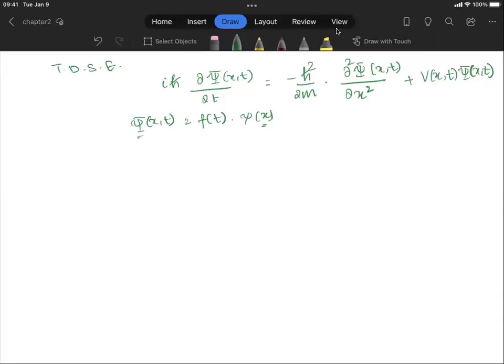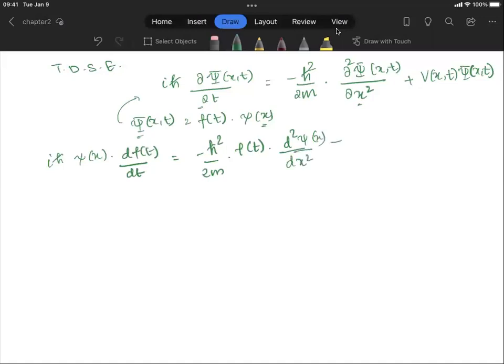If I plug this into that equation, since we are taking a derivative with respect to t, psi of x is going to come out of that, and I don't have to use partial derivatives. I can actually use the full derivative. And here the derivative is with respect to x, so f of t is going to come out of that, and I can take a full derivative instead of a partial derivative.